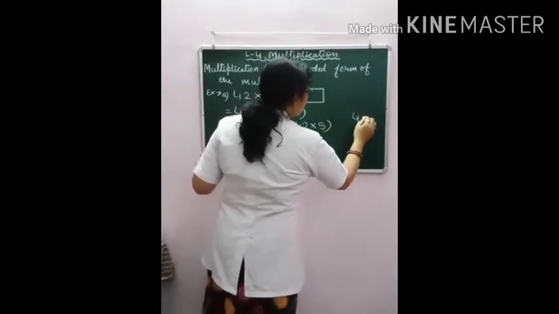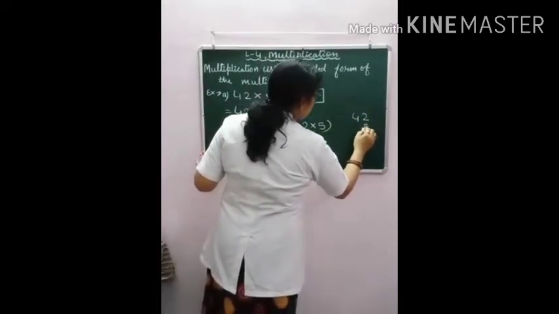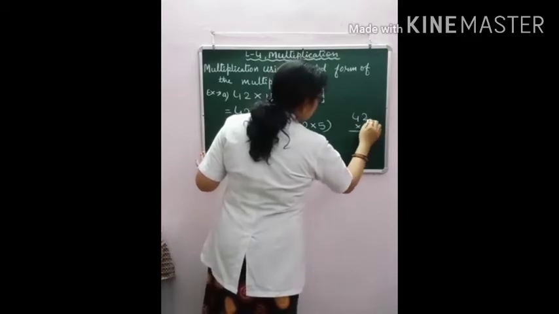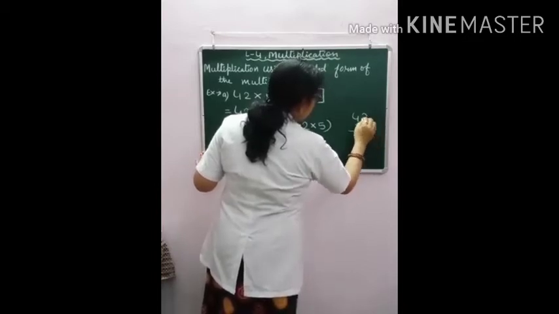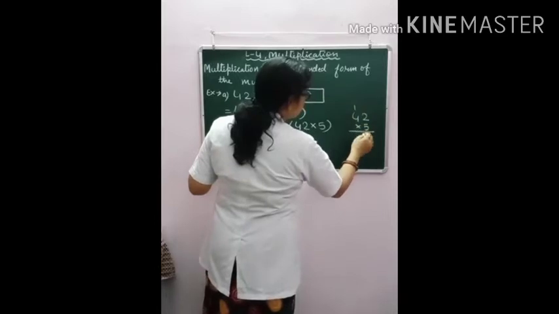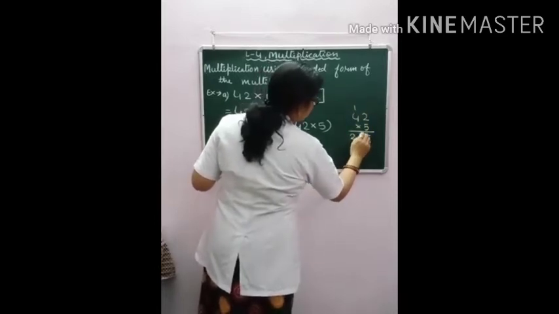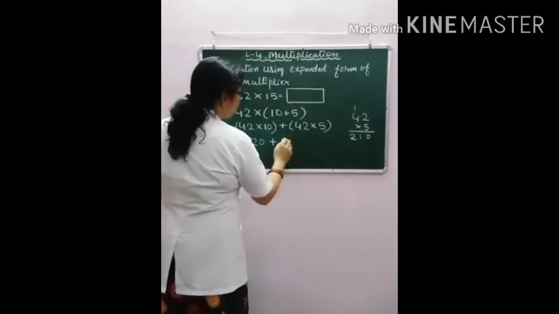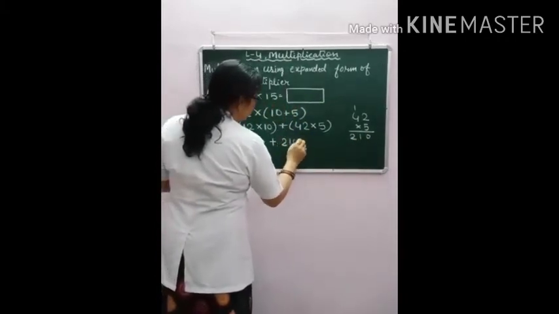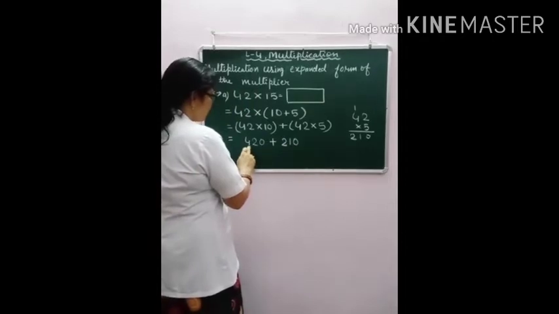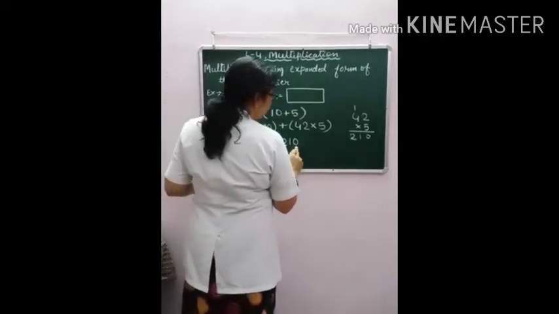We will multiply here 42 into 5. 5 2s are 10, 0 and 1 will be carried forward to the next number. 5 4s are 20 plus 1 is 21. So, 42 into 5 is 210. Now, add these 420 and 210.